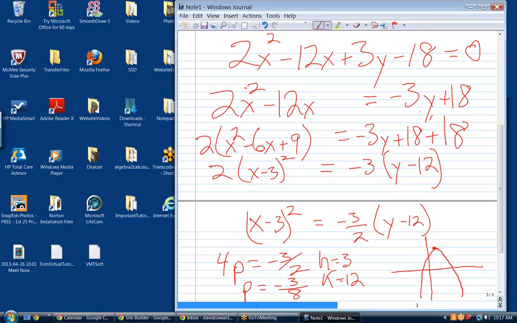No, the focus is below that vertex by 3/8. So I suppose we could look at the negative sign on the p being the direction we're going to go. We're going to go down 3/8. So this would be 3, 11 5/8. And the directrix, what's the equation of that?